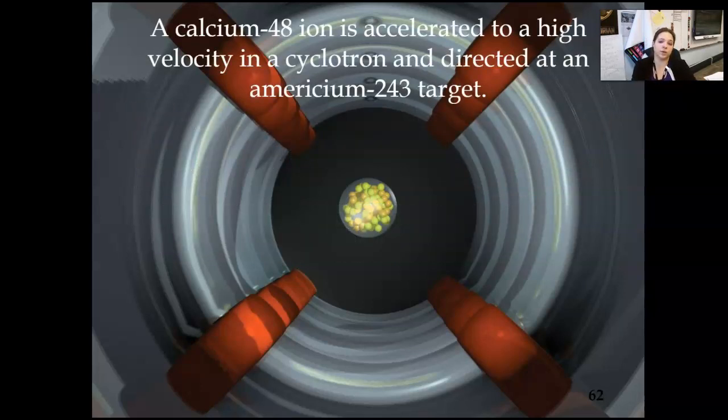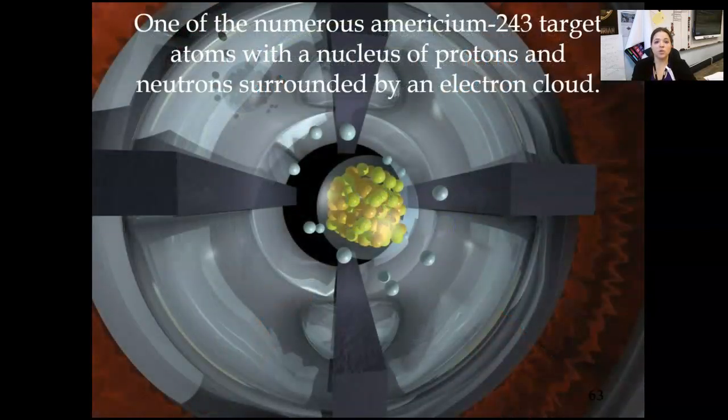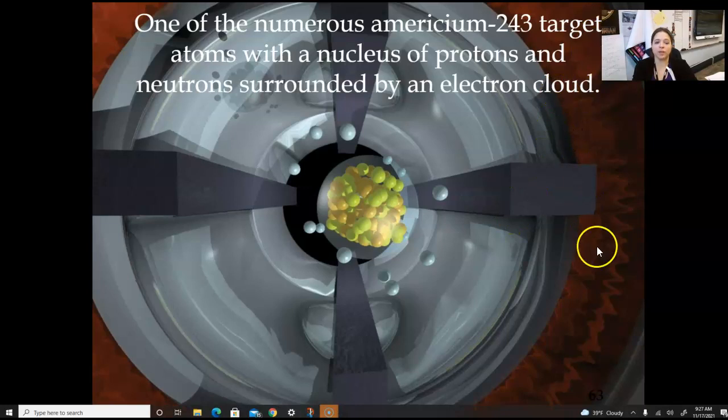A calcium-48 ion is accelerated to a high velocity in a cyclotron and directed at americium-243 targets. Target atoms have a nucleus of protons and neutrons surrounded by an electron cloud.